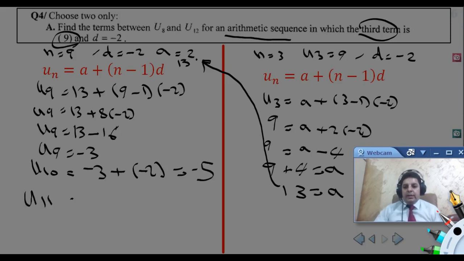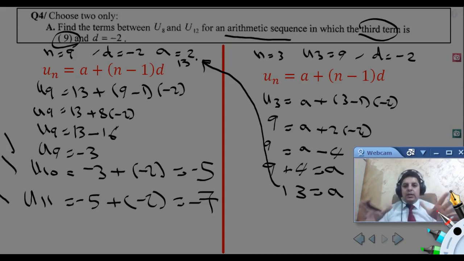U11 comes from U10 plus common difference negative 2, equals negative 7. So U9, U10 and U11 are the terms between U8 and U12.